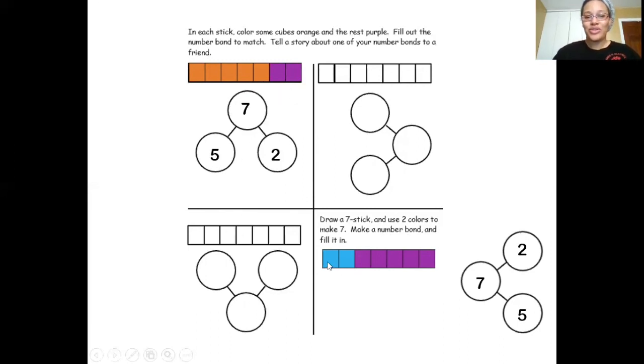But this one shows that we had 2 blue and 5 purple. So both of them are the parts of 7, 2 and 5, or 5 and 2. Alrighty. So show your thinking using your two colors to show different ways that you can break apart 7.